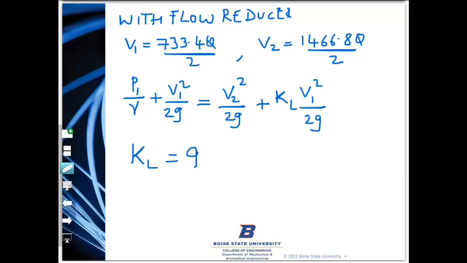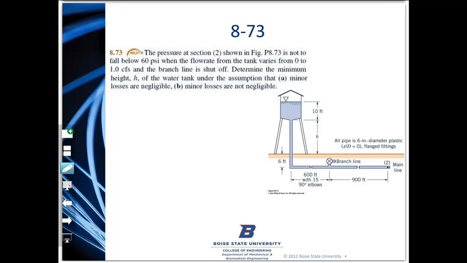Alright, let's look at another problem. The pressure at section 2, which is this main line here, is not to fall below 60 psi when the flow rate from the tank varies from 0 to 1 CFS, which stands for cubic feet per second.